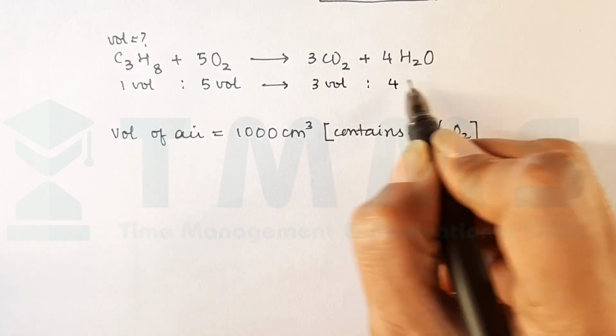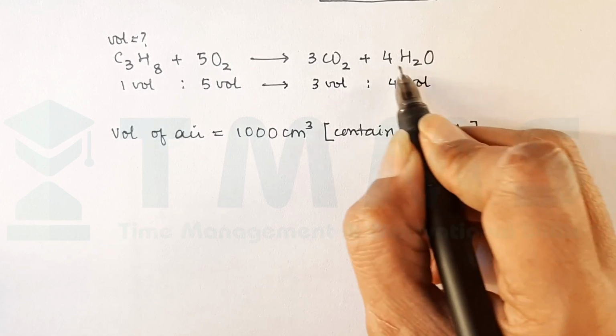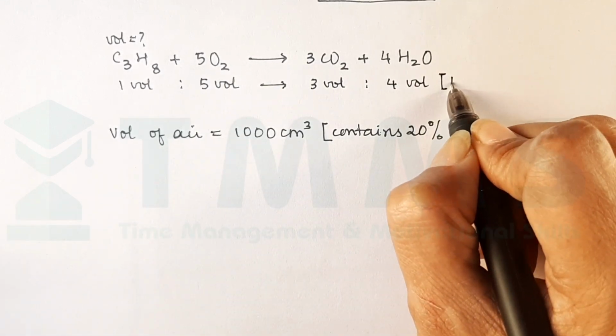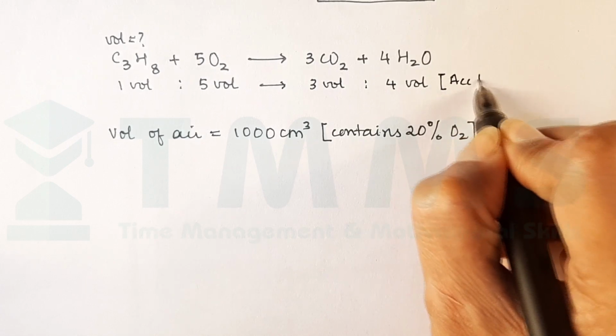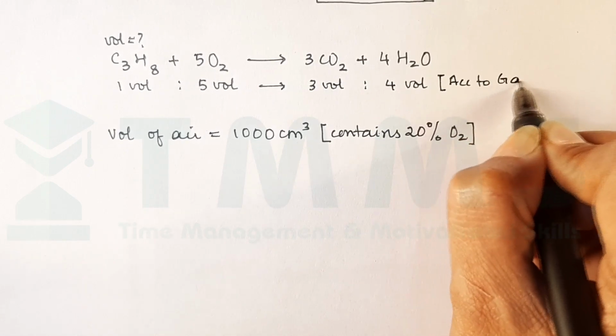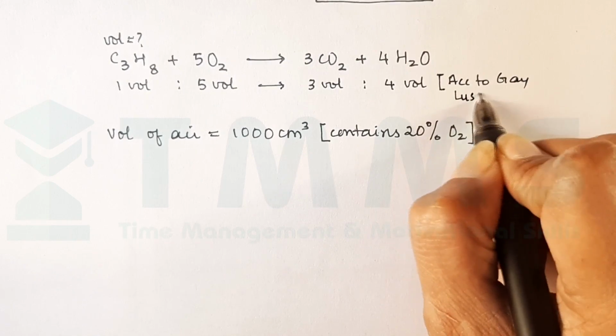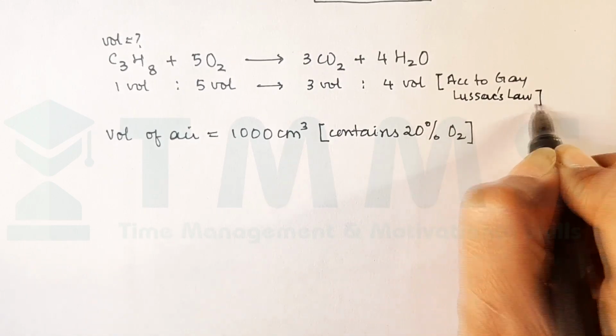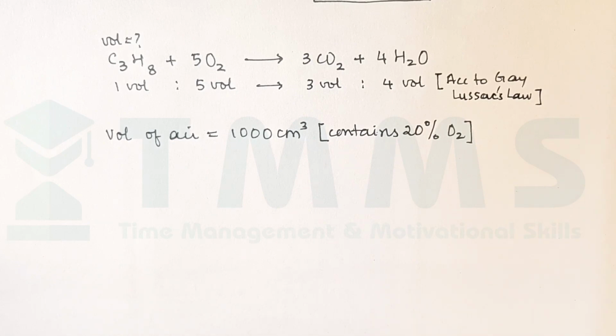Here it is 4 volumes. And this will be steam because we are burning it. And here we will say, according to Gay-Lussac's law. Okay, we are clear about this, tip number 1, tip number 2.